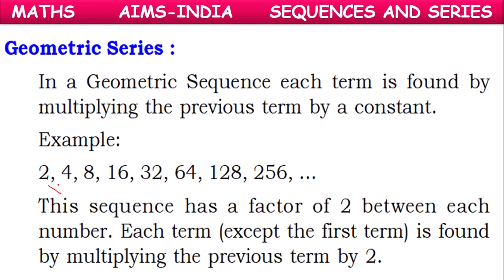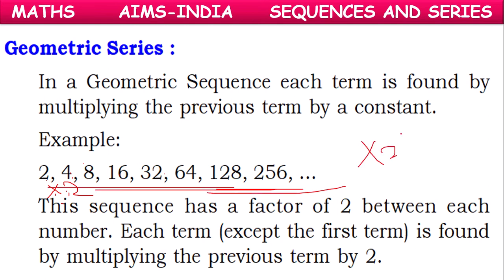But by observing the terms, one pattern will be visible to you. That is, 2 into 2 equal to 4, 4 into 2 equal to 8, 8 into 2 equal to 16, 16 times 2 is 32. With a common term we are multiplying all the terms except the first term.